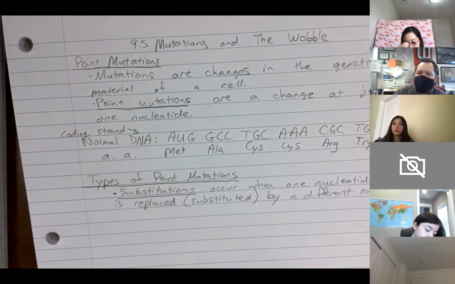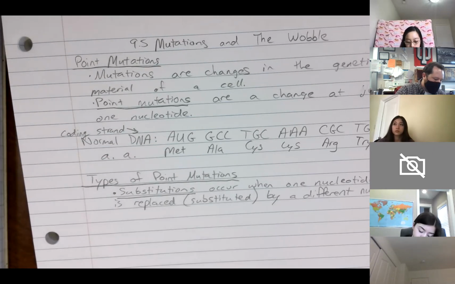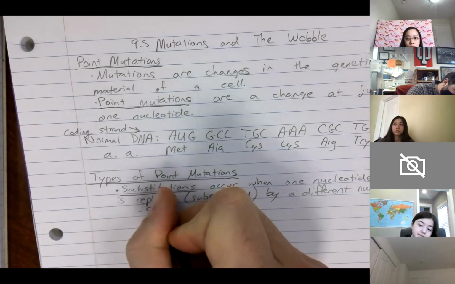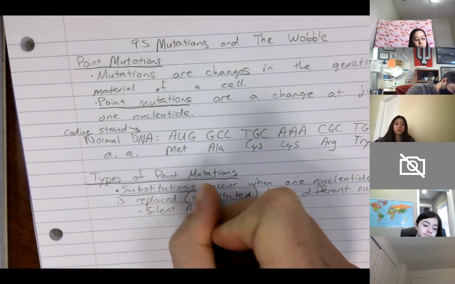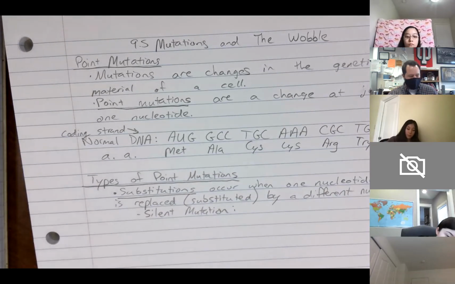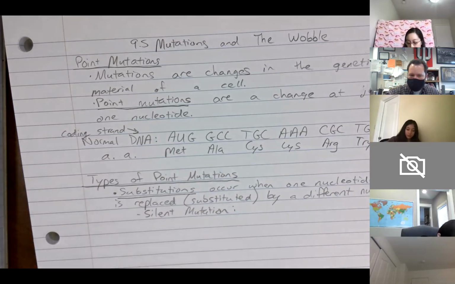Now, there are three different things that can happen, three outcomes you can have from a substitution. First, it's called a silent mutation.